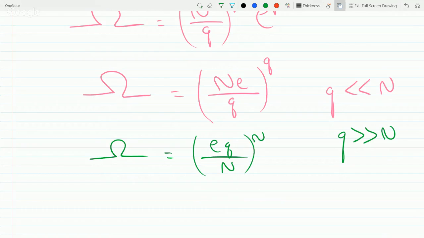So we did a Taylor series expansion on the ratio of q over N rather than N over q. So if you were to forget one of those, you can just remember one, and for the other limit, you just swap the q's with the N's. They're identical, except whenever there's a q, you plug in an N, and whenever there's an N, you plug in a q. So the answer to our question is this guy here.